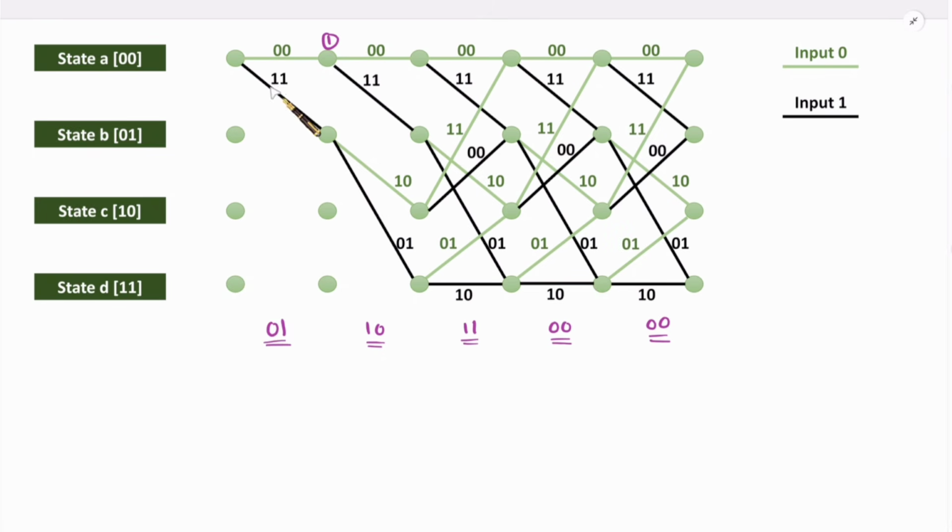And if you follow this path, then the difference between 1, 1 and 0, 1 is of 1 bit only. See, 1 and 1 is the same. Only 1, 0 means there is 1 bit difference. So here also we have weightage of 1. So with this path, we have weightage of 1. With this path, we have weightage of 1. Weightage of 1 means Hamming distance is of 1 bit.